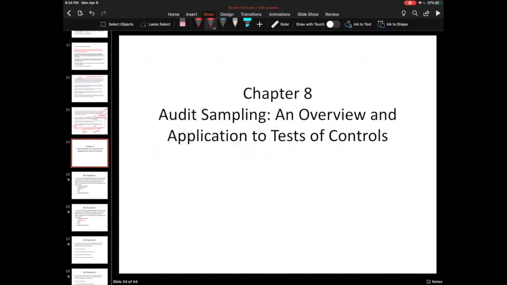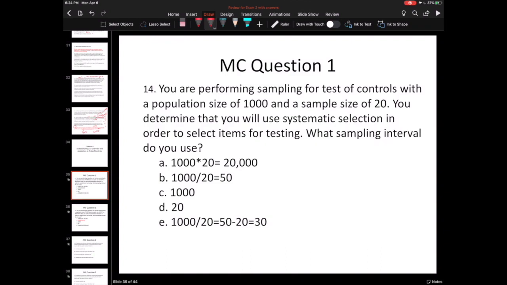Okay, chapter 8. Performing sampling for a test of controls with a population size of 1,000 and a sample size of 20, you determine that you will use systematic selection in order to select items for testing. What sampling interval do you use?